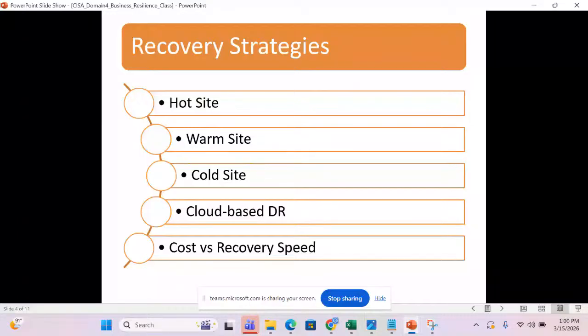So when we speak to a cloud-based disaster recovery, we are speaking to your cloud backup.